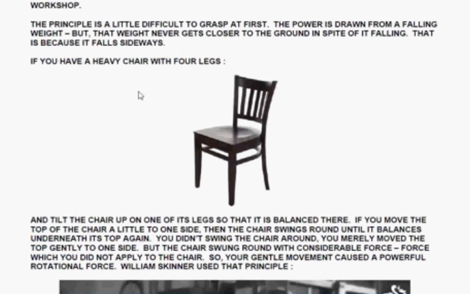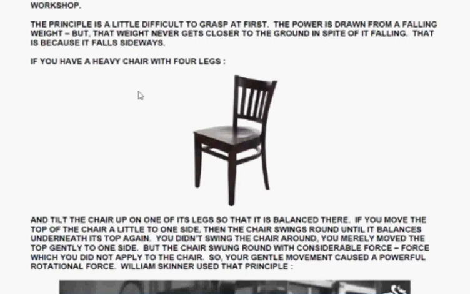If you tilt a chair like that up from one top corner, so that all of the weight of the chair is sitting on one leg, and 3 legs are in midair, you can balance it there so that no real effort is needed to keep it balanced upright. But if you were to move the bit of the chair that you're holding just an inch or so to one side, the chair will swing round to line up underneath your finger. The chair is actually falling, but it's falling sideways.